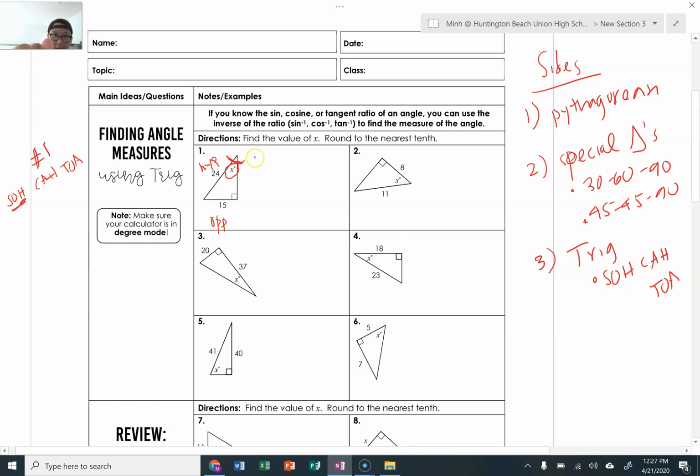Since I'm missing my reference angle, I'm going to write an X as my reference angle. Usually it was a number in the previous lesson, but this time we're solving for it, so it can be X. Sine is opposite over hypotenuse, so that'll be 15 over 24.